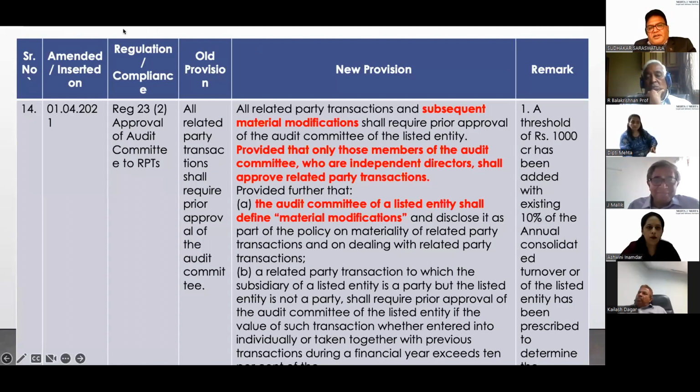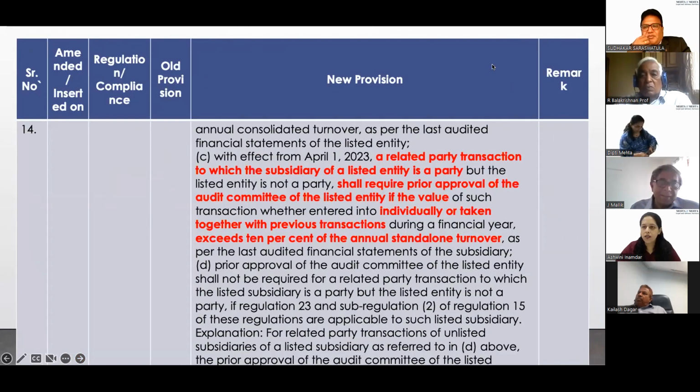Yes, Ashwini, please go ahead. So this is another important amendment that has come in: a related party transaction to which the subsidiary of the listed entity is a party, but the listed entity is not a party, shall require prior approval of the audit committee of the listed entity if the value of the transaction, individually or taken together with previous transactions during a financial year, exceeds 10% of the annual standalone turnover.